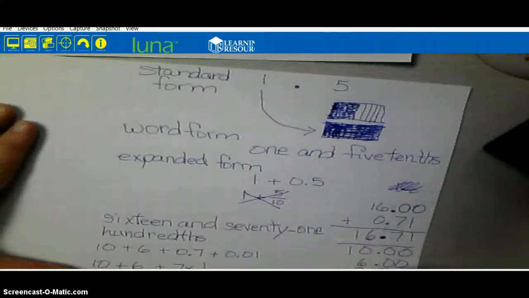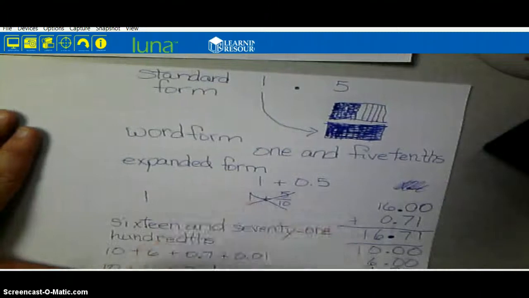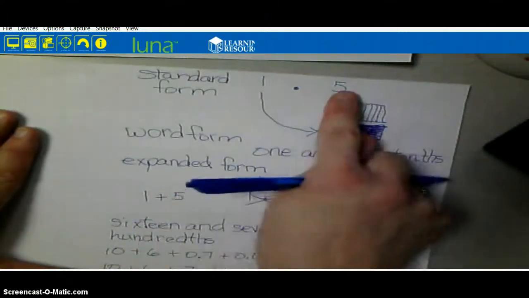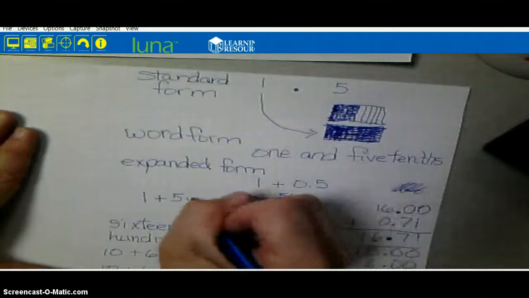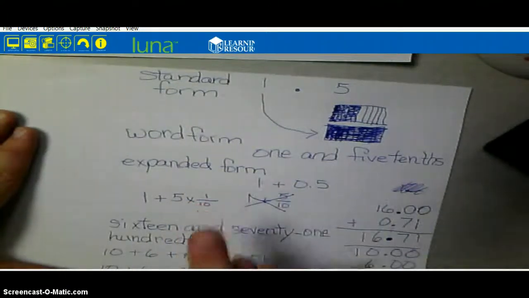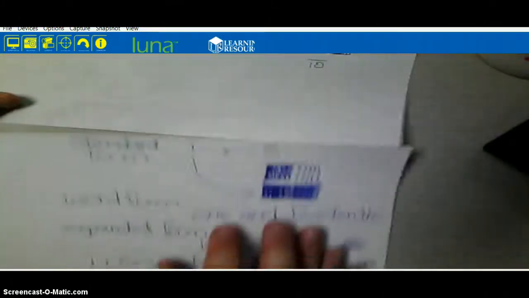If you want to show it in fraction format, you would need to show 1 whole plus 5, because that's the number that's there, times 1/10. We want our tenths, our hundredths, and our thousandths. We want it to be 1 out of 10.